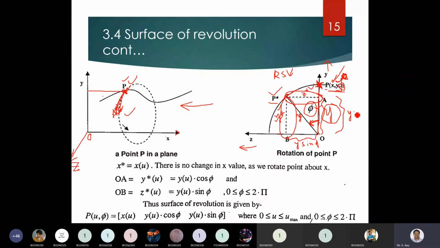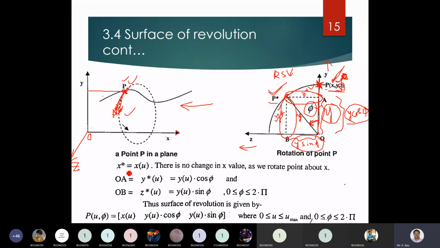Okay, for any point P star, the x coordinate is not changing. If the original point is x, the same x will be for P star also. But if the y coordinate is y, for P star the corresponding y star will become y cos pi, and z star will become y sin pi.